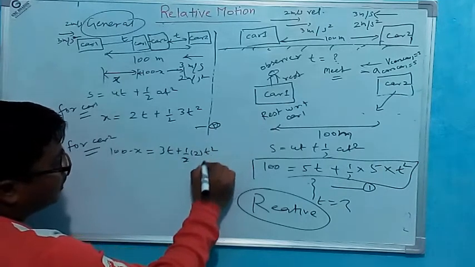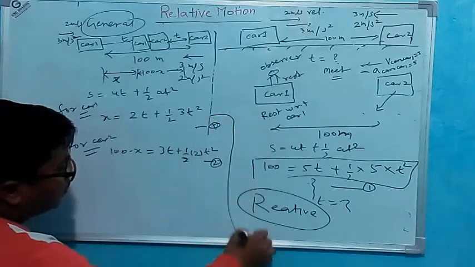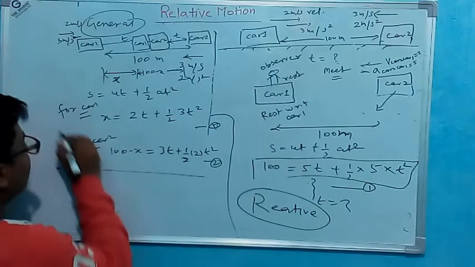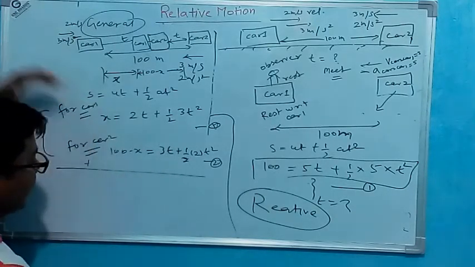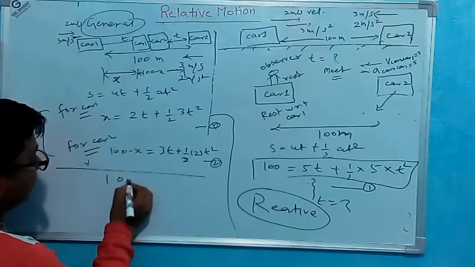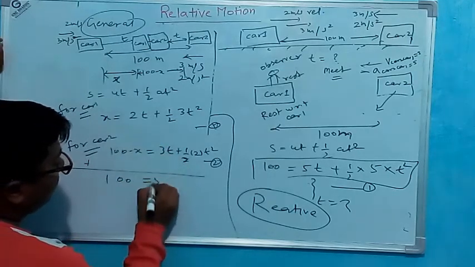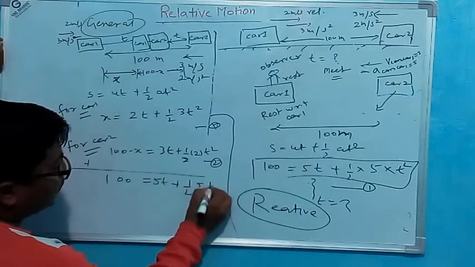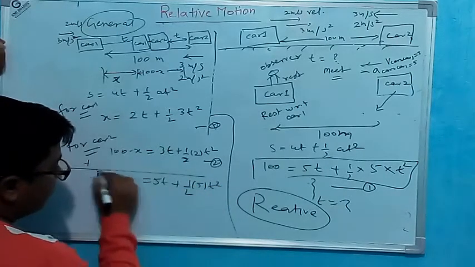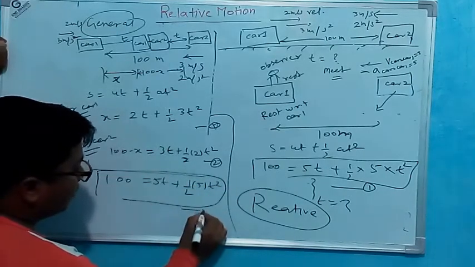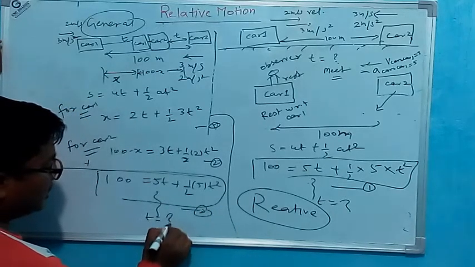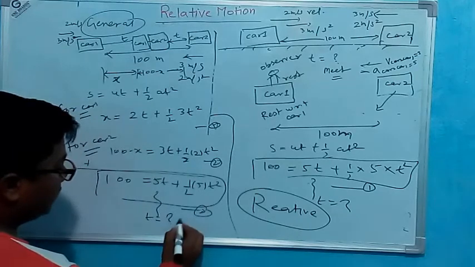Equation 1, equation 2, we have to add them. If we add both equations, this gives 100 is equal to 5t plus half 5t square. This is the third equation by the general method, and from here we can easily solve for t.